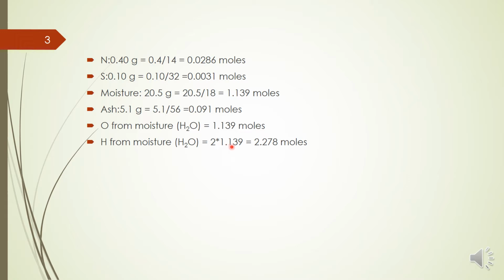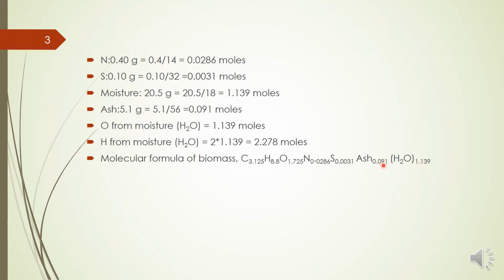So this will be 2 into 1.139, 2.278 moles of hydrogen atom. So the molecular formula we can write first as C 3.125, H 8.8, O 1.725, N 0.0286, S 0.0031, ash 0.091, and moisture 1.139.